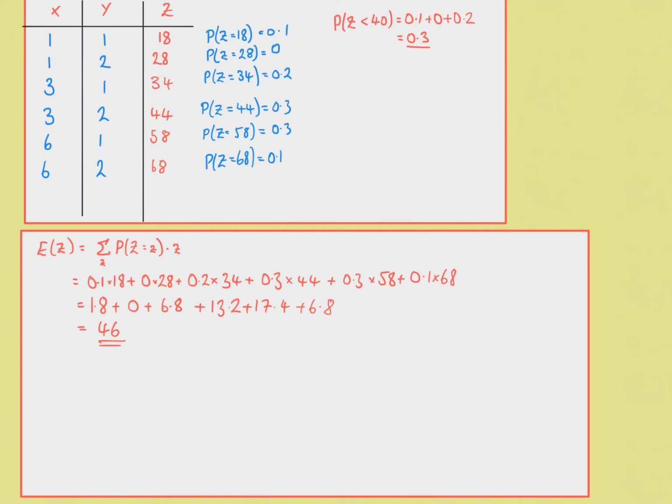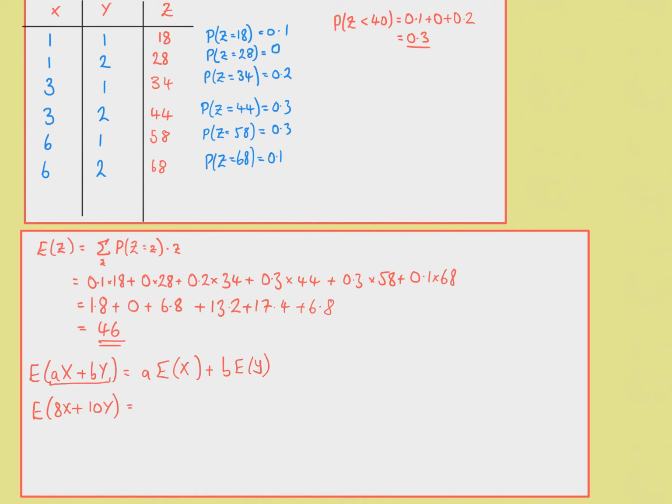The final part of the question asks us to verify that the expected value of ax plus by is equal to a times the expectation of x plus b times the expectation of y, where a and b are constants. In this case, our new variable ax plus by was equal to 8x plus 10y.